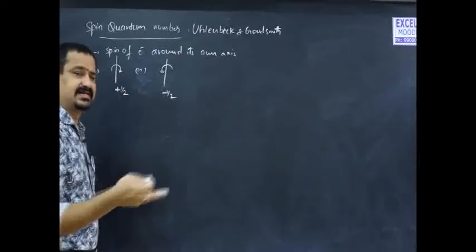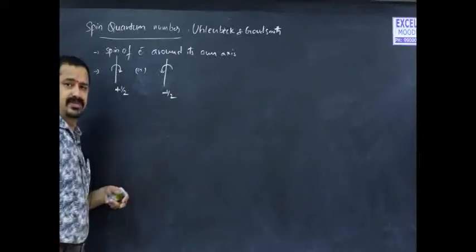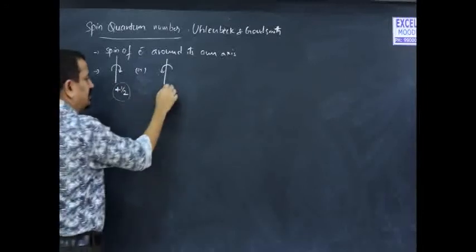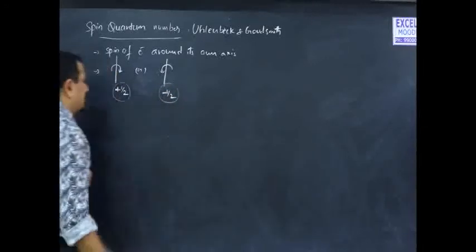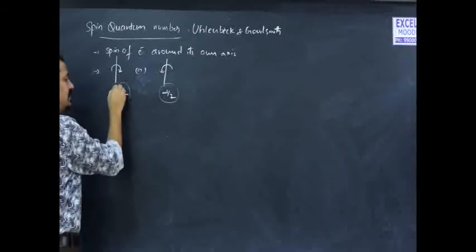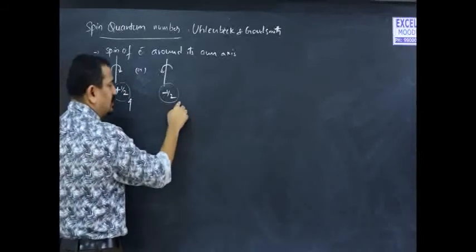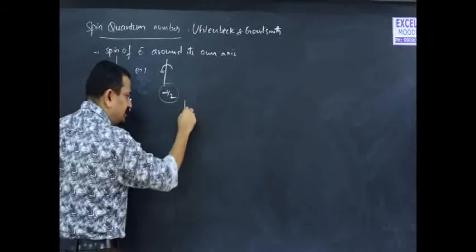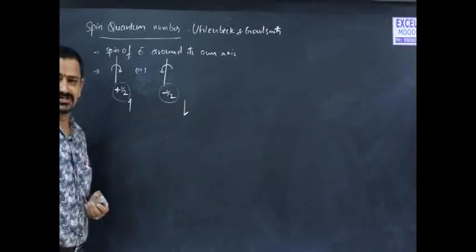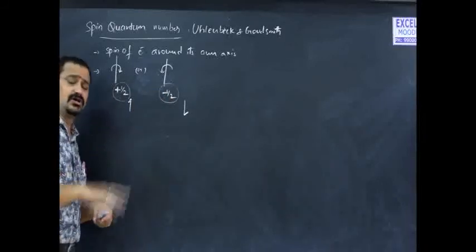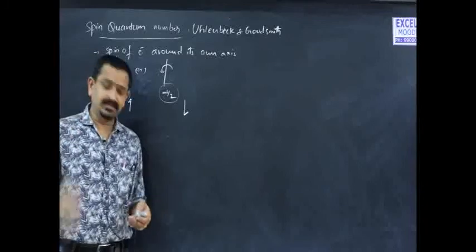Otherwise practically there is no such system, but in a conventional manner we assign plus half to the first electron and minus half to the next electron. The electron whose spin quantum number is plus half is shown with an upward arrow, and minus half with a downward arrow. This is all a conventional system. And this indicates the spin states of an electron moving around the nucleus.